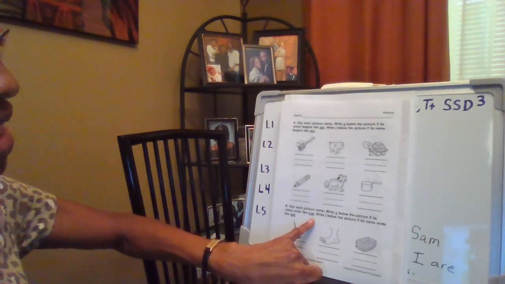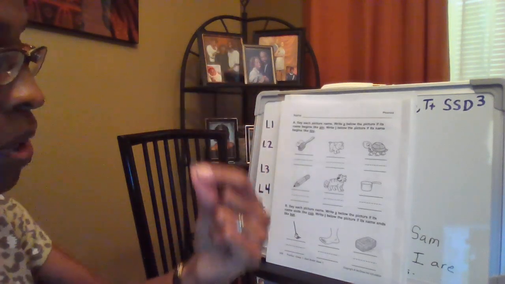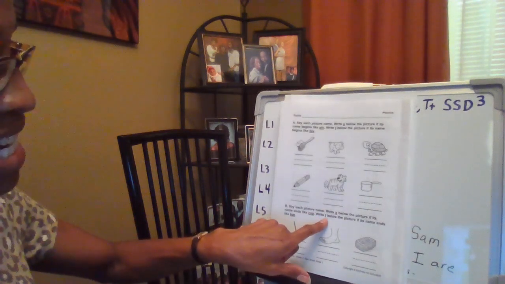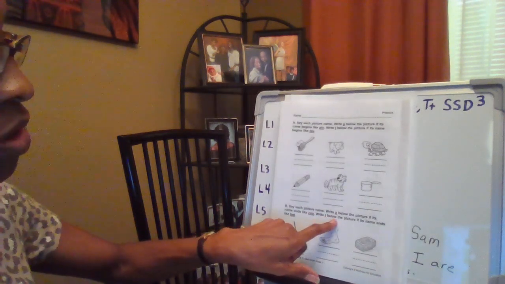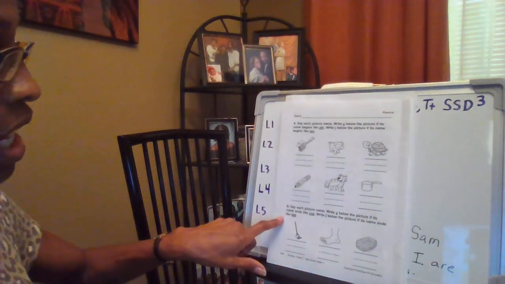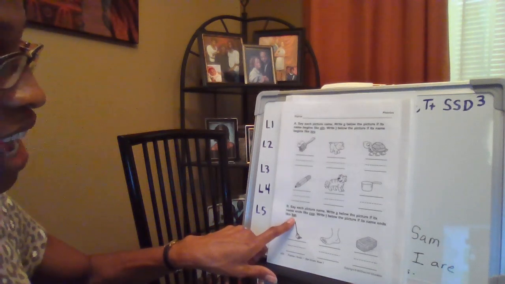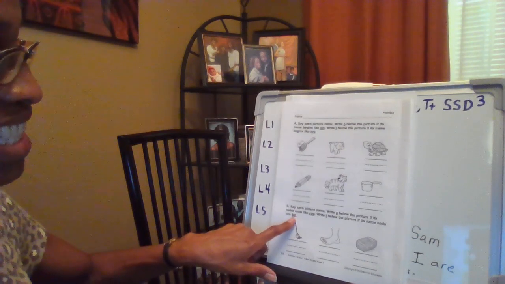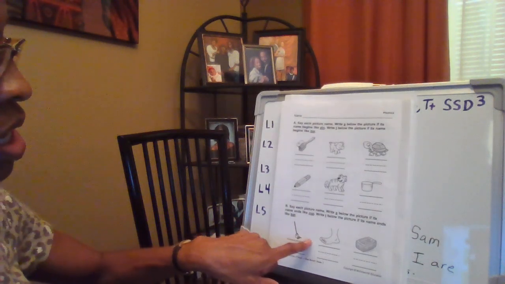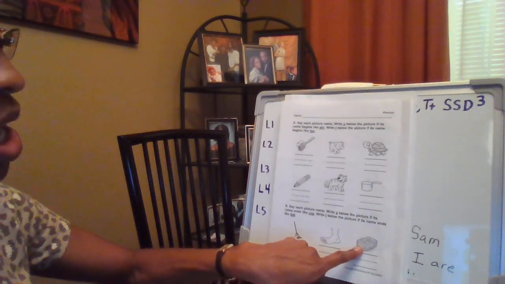If the ending sound ends with p, p, p, you're going to write P. Then it says write T below the picture if its name ends like bat. Bat. Hear the ending sound? T, t, t. So we have a mop, a foot, and soap.